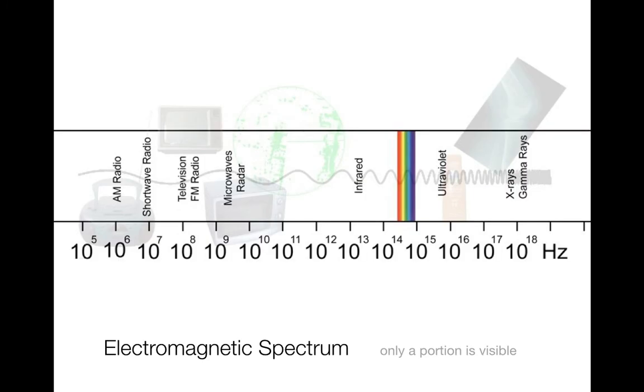So there are a number of different ways of looking at it. And the first way to look at it is using the hue, saturation, and brightness model, or HSB. So humans can see with their eyes a portion of the electromagnetic spectrum.